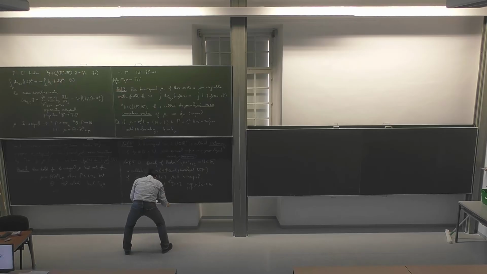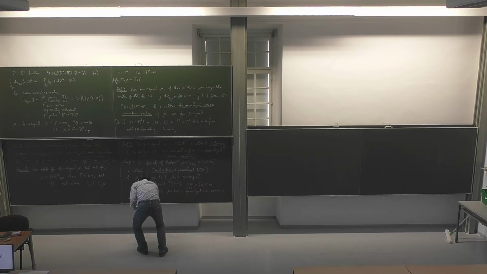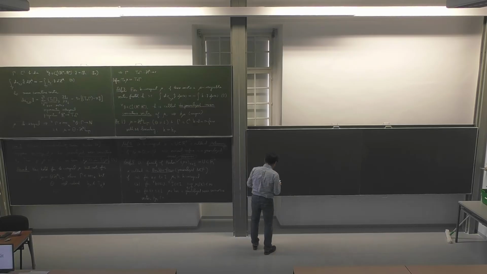And C: for almost all time, I also ask that mu t has a generalized mean curvature vector, h mu t, which is also locally finite.